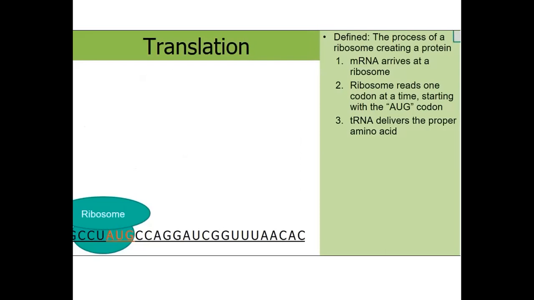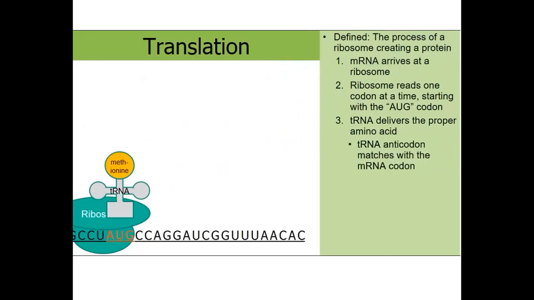And in my animation, here comes this weirdly shaped object. That's transfer RNA. It's carrying an orange circle named methionine. But how does the ribosome know that this is the right amino acid? Turns out there's a hidden secret on tRNA. tRNA actually has 3 nucleotides itself called the anticodon. They're going to drop out of the tRNA right now. Watch what happens. Watch the tRNA.